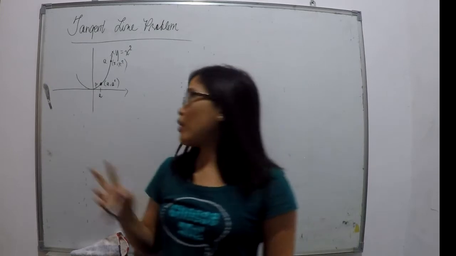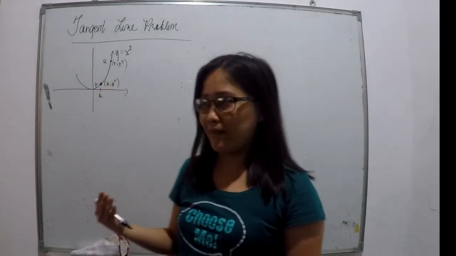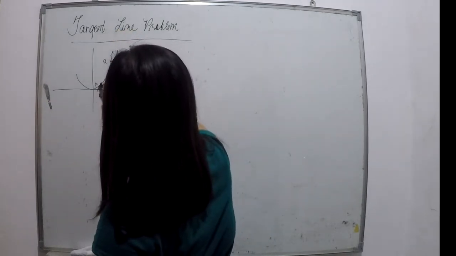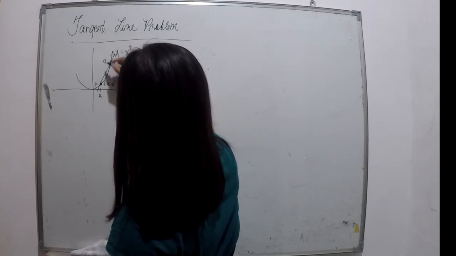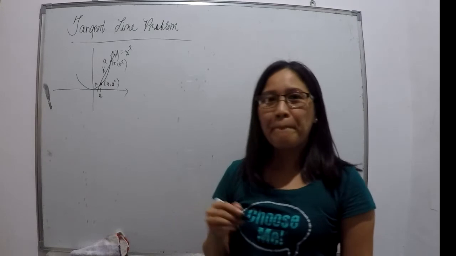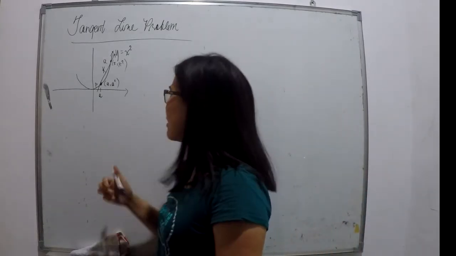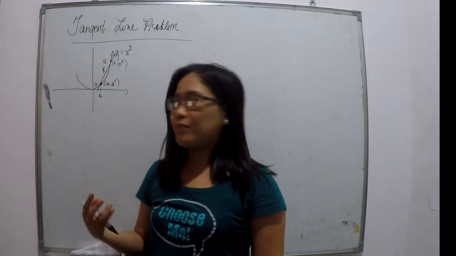Now from the two points in the graph, we can form a secant line. We call it secant line K.